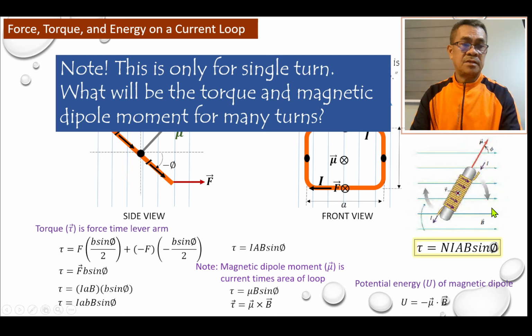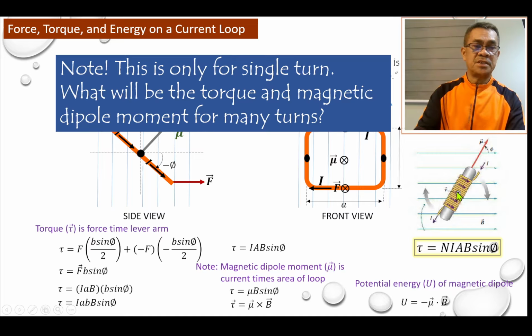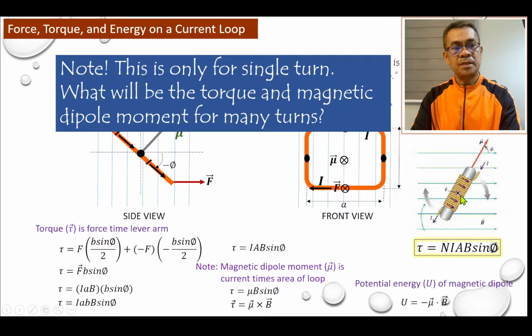Now consider the torque in the presence of this magnetic field. This is not just a single turn, it is multiple turns, and the current starts from here, then rotates. So the direction of the current is here.